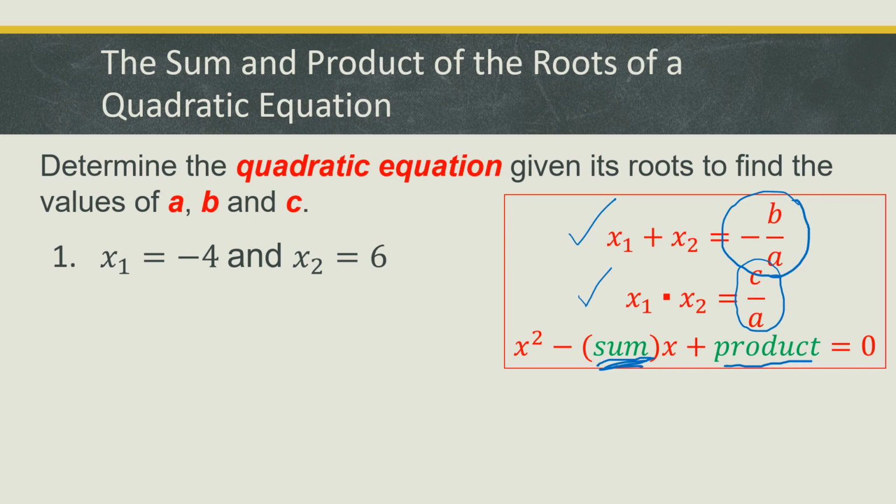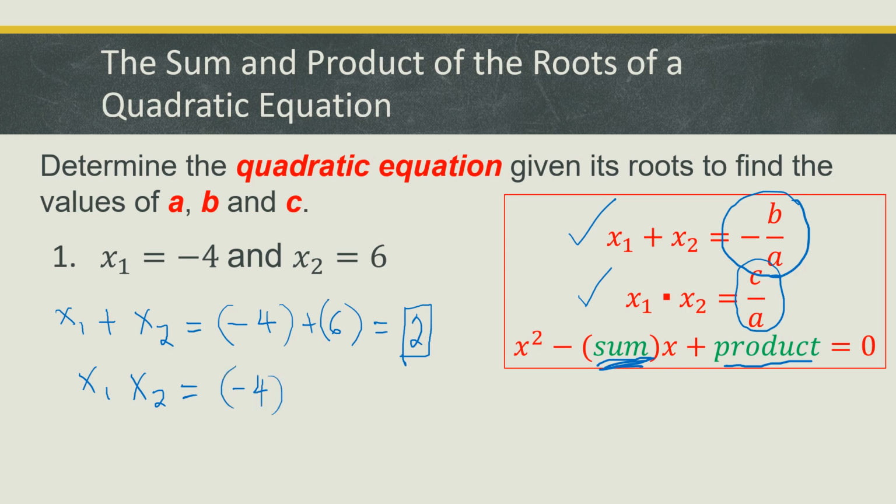The sum of the roots, x sub 1 plus x sub 2. Since x sub 1 is negative 4 plus the x sub 2, which is positive 6, that will give us positive 2 for the sum of the roots. The product of the roots, x sub 1 times x sub 2, which is negative 4 multiplied by positive 6, we have negative 24.